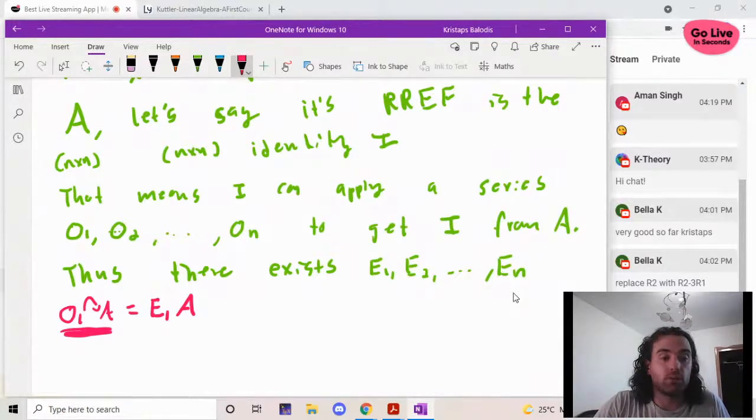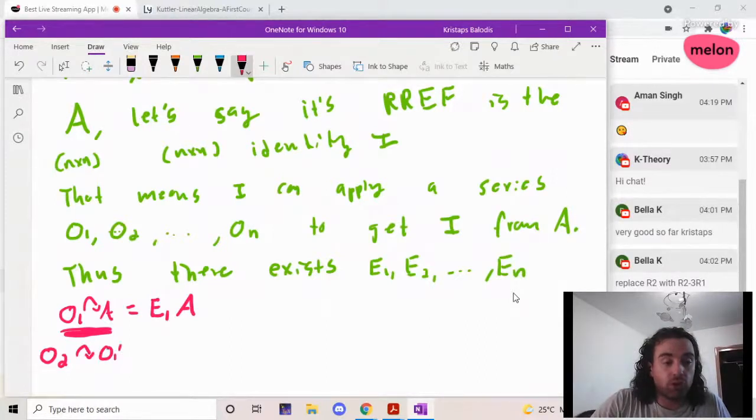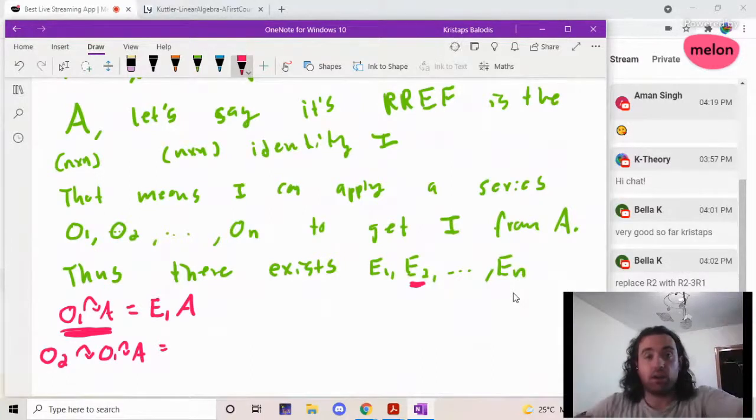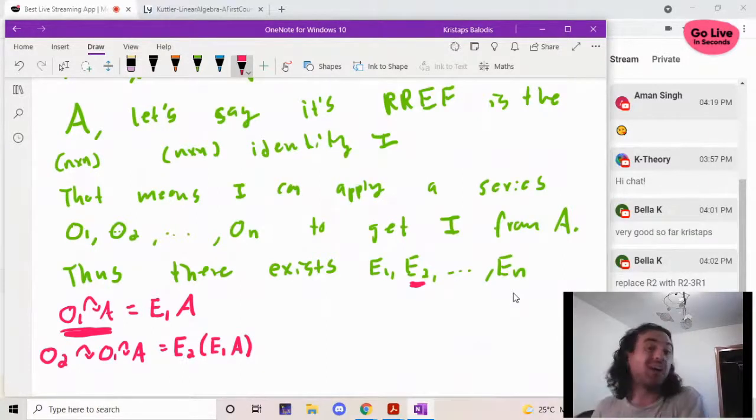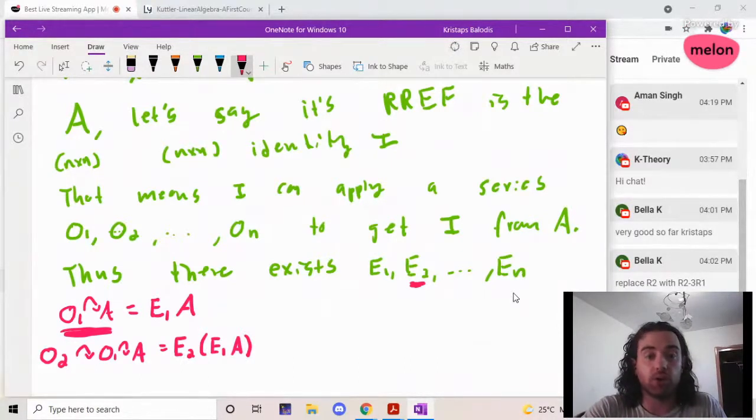Right? And then if I now took this and I applied O2 to this new matrix, that is, I applied the elementary row operation O1 to A, well, I'm saying that by everything I said above, there should also be an elementary matrix where I can now apply this new matrix that I got, this E1A, where again, now I should be able to multiply that by some other elementary matrix in order to get that same result.